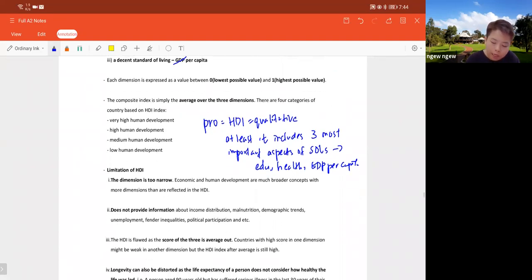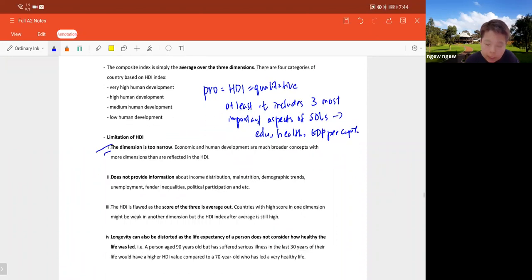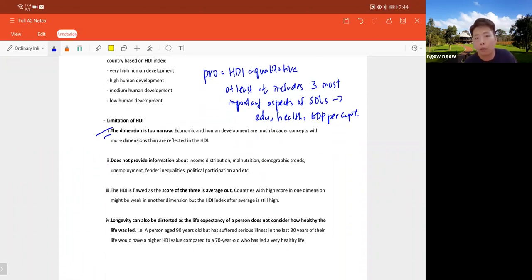However, again, a very common weakness of all indicators is that limited dimensions are being included, because standard of living is really broad. So this HDI doesn't include externality, and doesn't reflect price level or changes in price level.